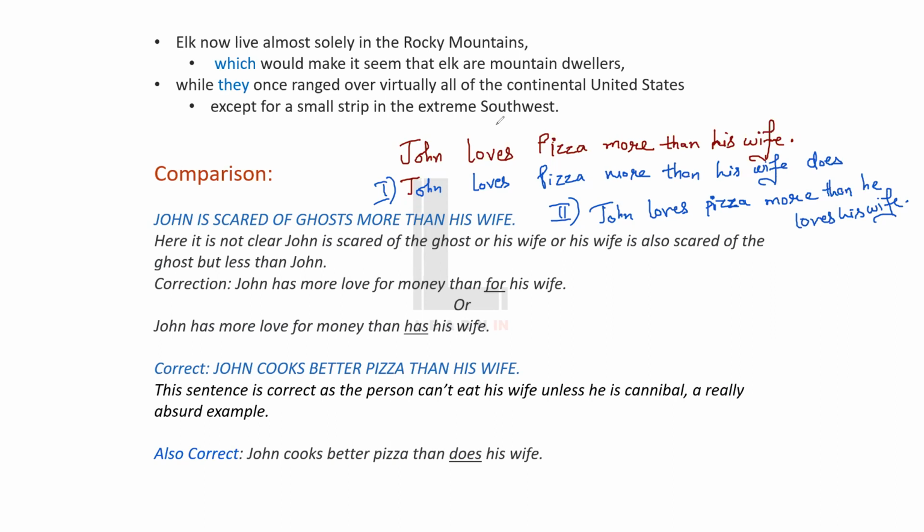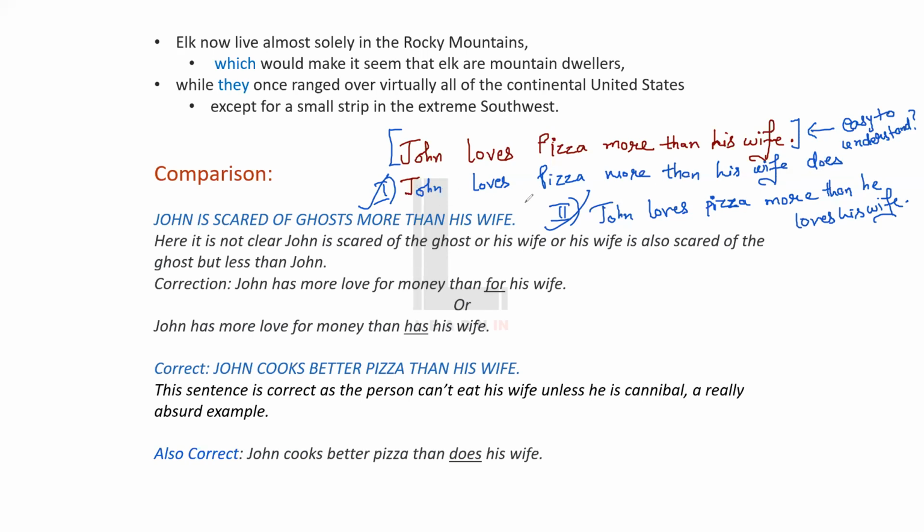Okay, these both can be the interpretations of the first sentence. So, is it easy to understand or difficult to understand? Difficult to understand. So whenever we write, we mention what we are comparing.